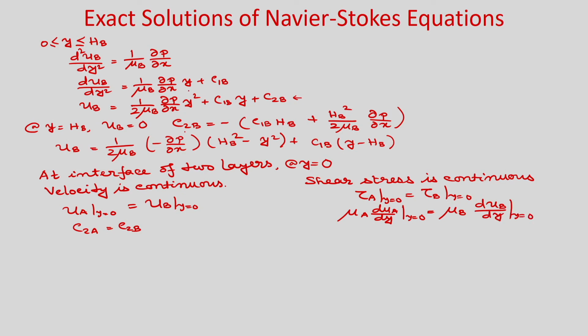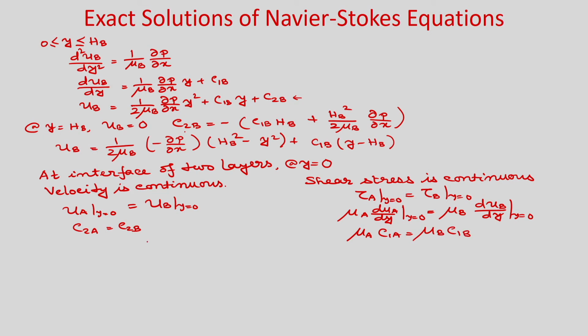So, from this expression you can see at y is equal to 0, y square term vanishes. So, du b by dy will be c 1 b, similarly du a by dy will be c 1 a. So, you can write mu a c 1 a is equal to mu b c 1 b.